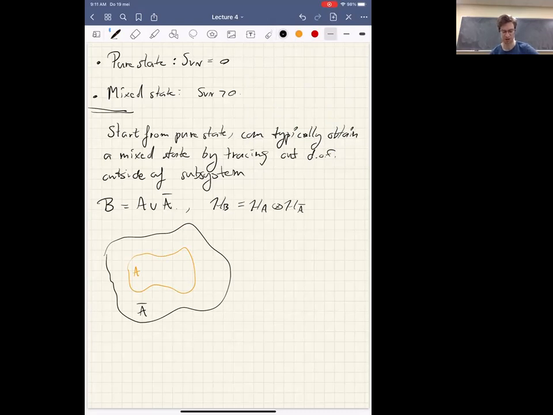And then this total system would be B. Okay, so then let's assume that this total system B is in a pure state. This is something that in principle you can always define.